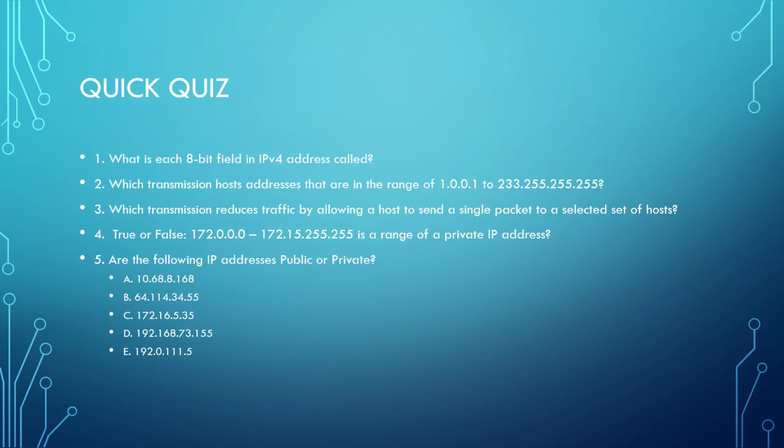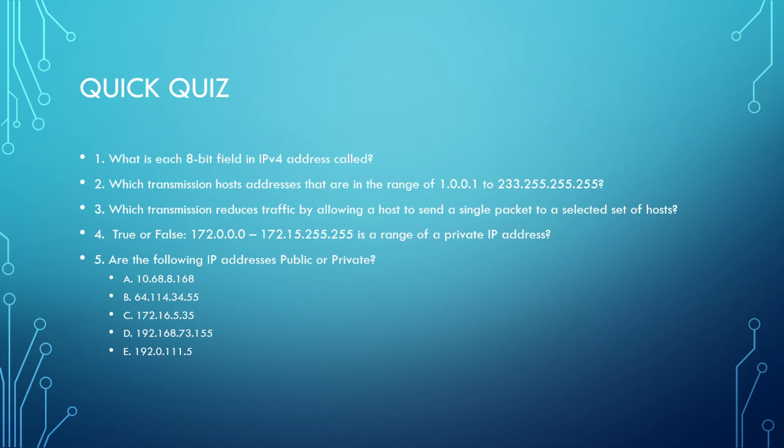With a quick quiz here at the end, question one is: which 8-bit field in an IPv4 address is called what? Number two, which transmission hosts addresses that are in the range of 1.0.0.1 to 223.255.255.255? That's supposed to be 223, I believe.